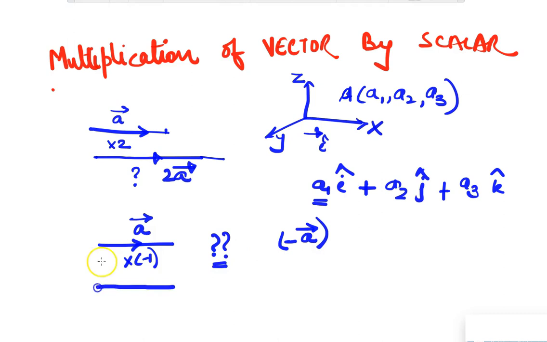It has the same magnitude, however, its direction is opposite to what the original A vector direction was. So if you multiply it by a negative quantity, it will change the magnitude, but it will also change the direction and go in the opposite direction of the original.